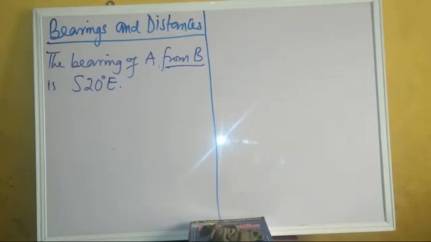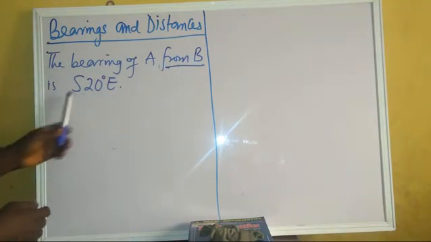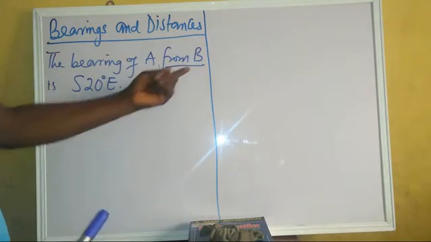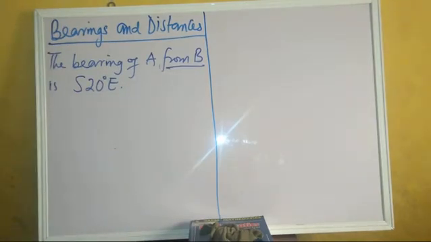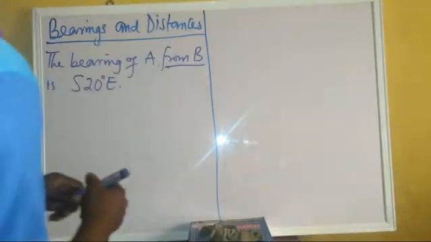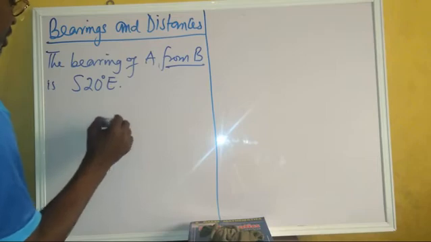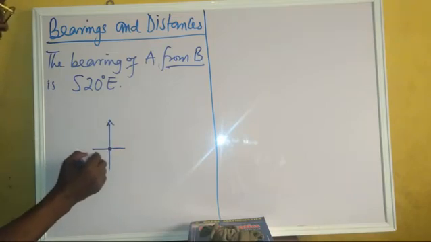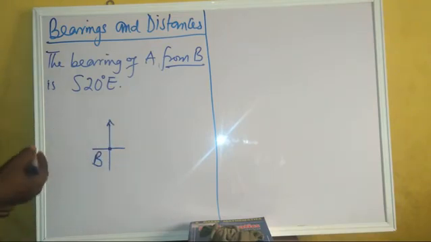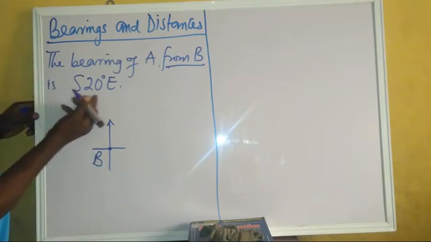Let's look at this example. The bearing of A from B is south 20 degrees east. You can see that "from B" is underlined. What that means is that B itself is the starting point. So when I draw my four cardinal points, this point is point B. The direction where we are now moving, we are moving from south towards east.